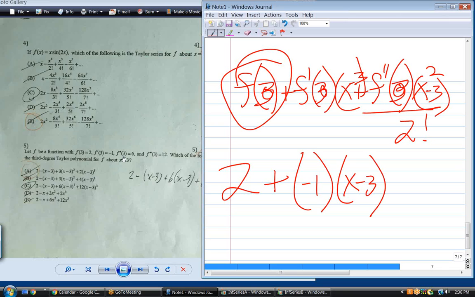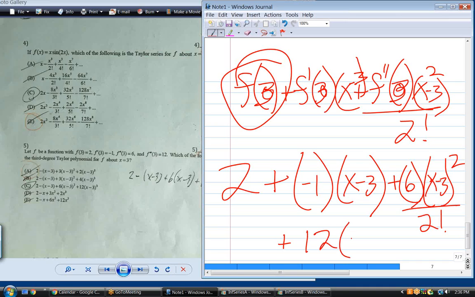And then they give us f double prime of 3, which is 6. What must go with that is x minus 3 squared over 2 factorial. And finally, the fourth term, they tell us that the third derivative evaluated at 3 is 12. It has to be next to an x minus 3 to the third over 3 factorial.